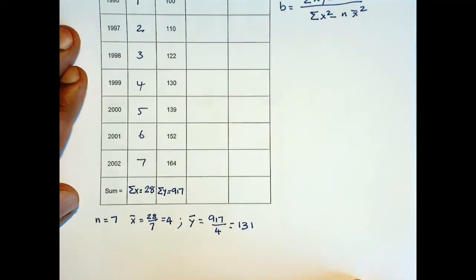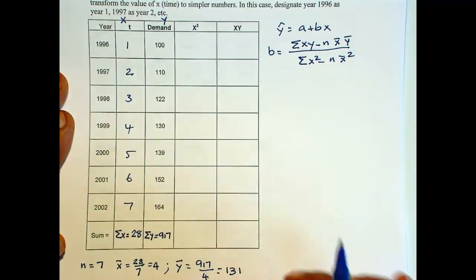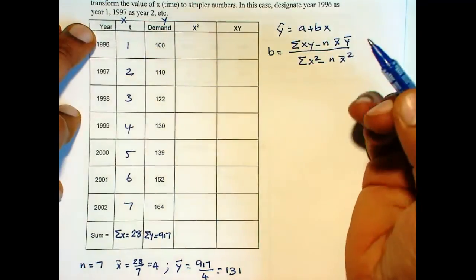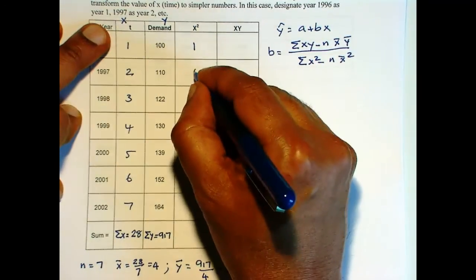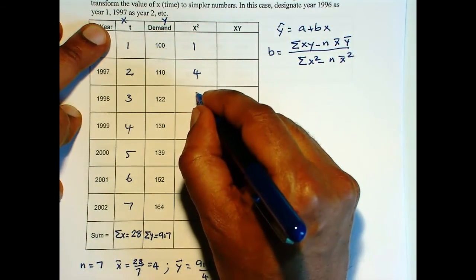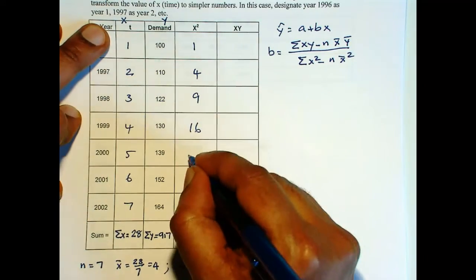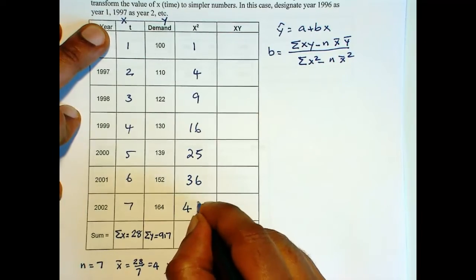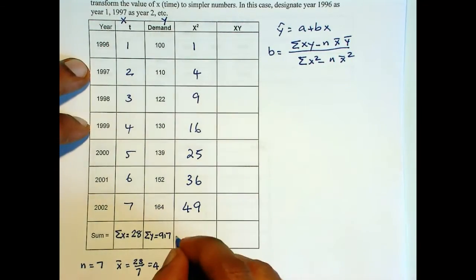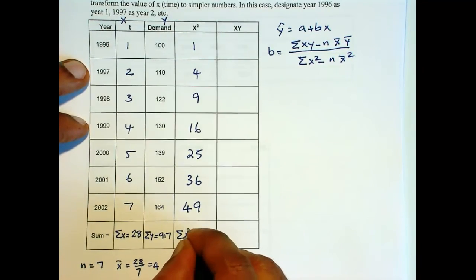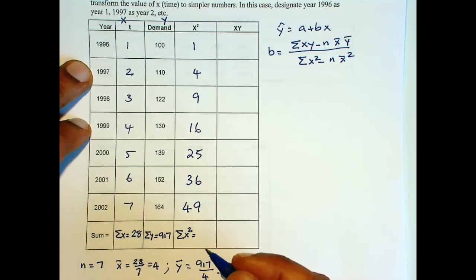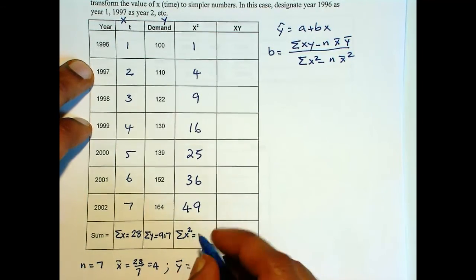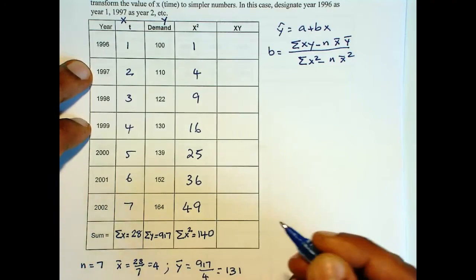Now we need x squared and x times y. So x squared is 1, 4, 9, 16, 25, 36, and 49. So sum of x squared is 140.